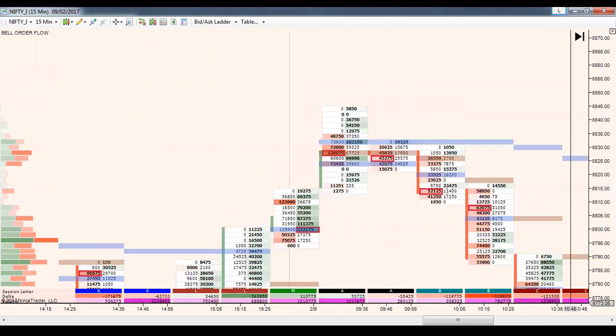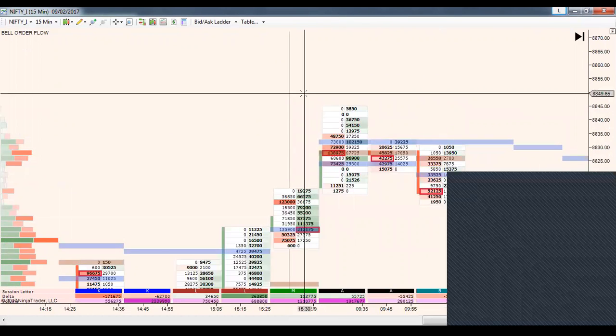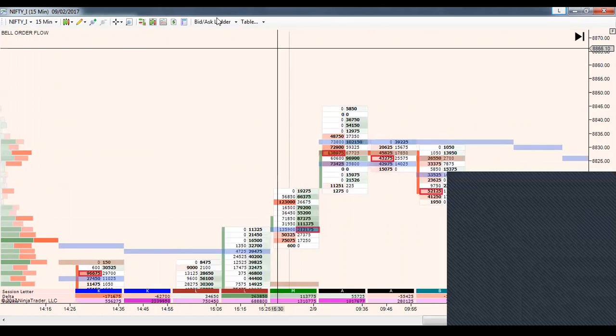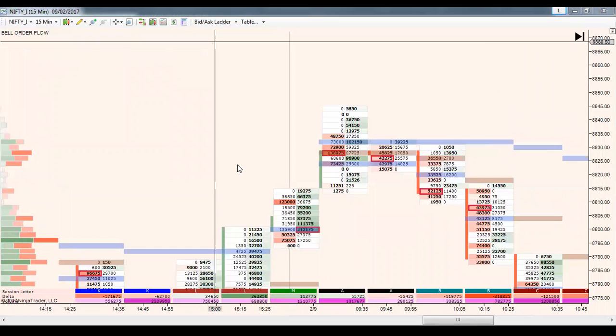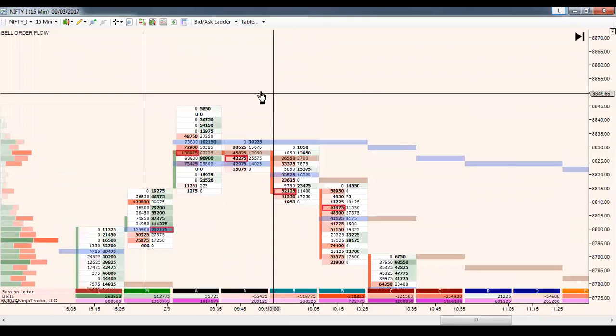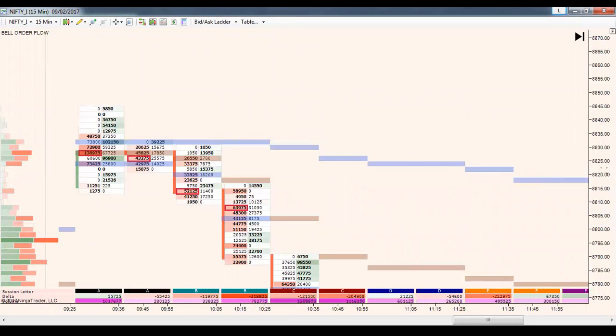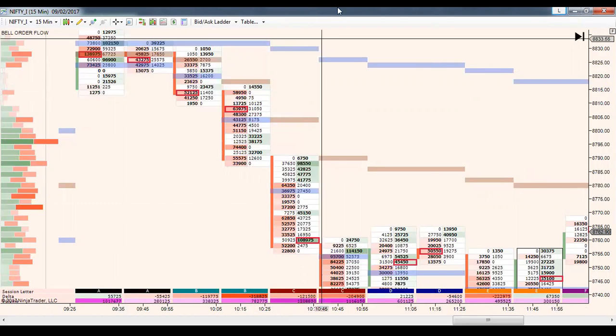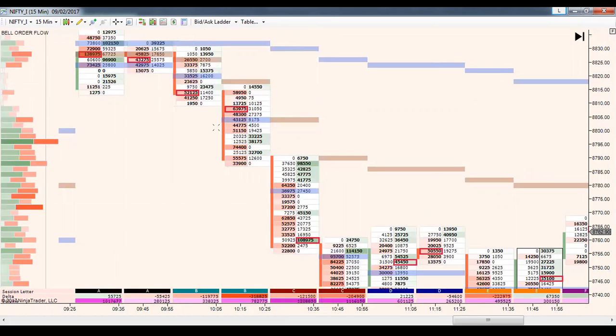But since this whole move was so, wait a minute, what happened? Yeah, since this move was so rapid, it was emotional. Mostly people who were hoping for a higher move and higher prices were forced to cover their longs.